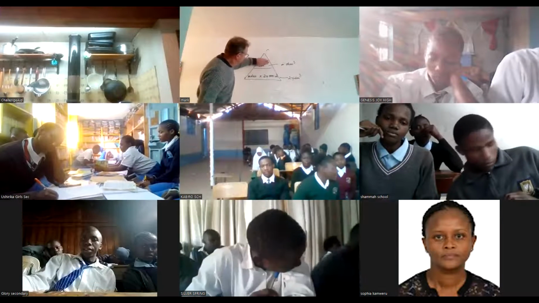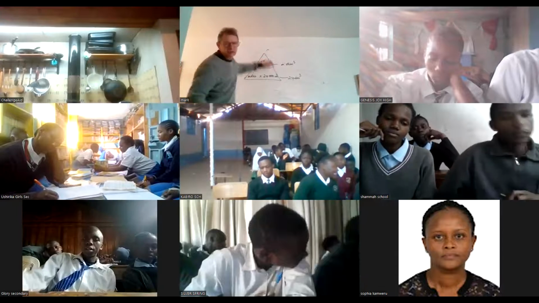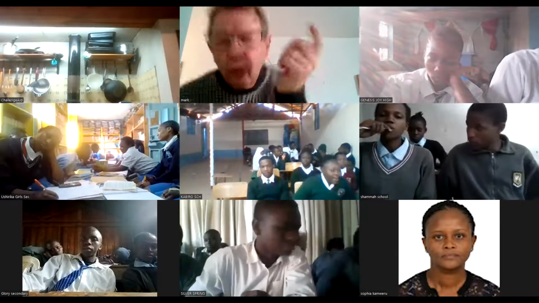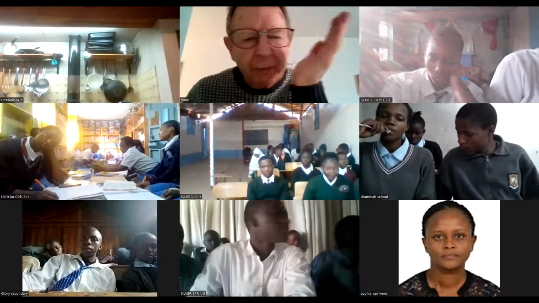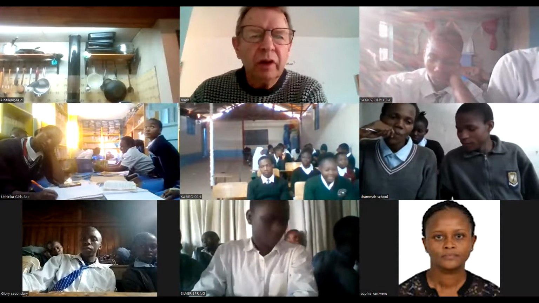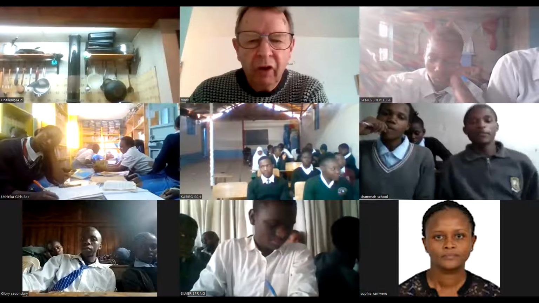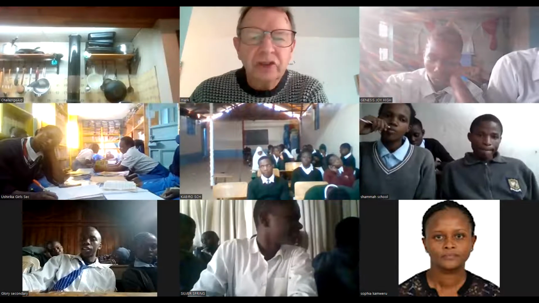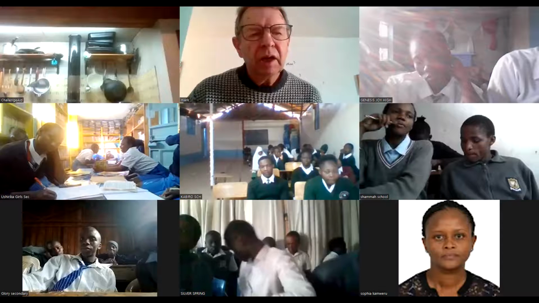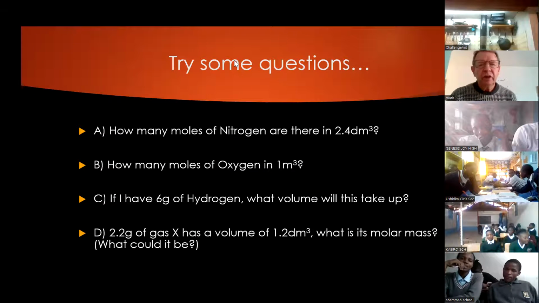If I want the volume, it's the moles times 24,000. In your head, you just have to get right which way round you're going to use it. What am I being asked? Moles, volume, because eventually we can work all of it out. All right, so let's go back to this screen.